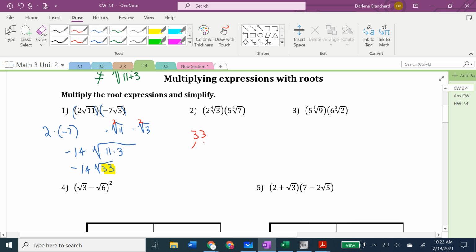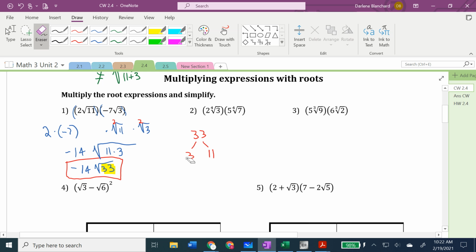So if you break 33 down, you can see that 3 times 11 is 33. 3 is a prime number. 11 is a prime number. There is no perfect square number that will divide 33. So that is done.